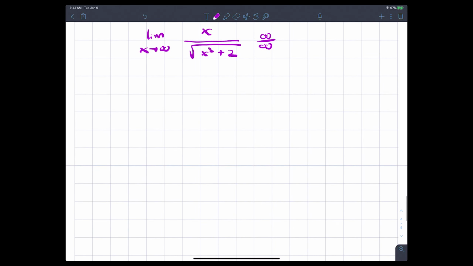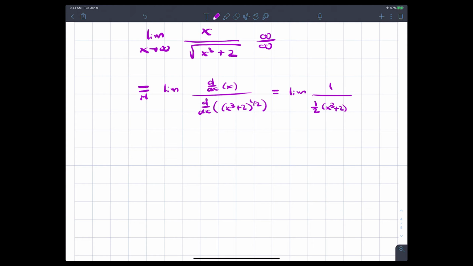And so now by L'Hopital's rule, you could take that limit, and this is the derivative of the numerator over the derivative of the denominator. So let's put x cubed plus 2 to the 1/2. And that's going to be the limit now of 1 over, and now I have to take x cubed plus 2 to the minus 1/2, and you get 3x squared. And you go, oh no, this might be a problem.